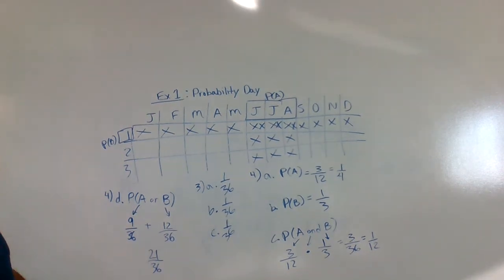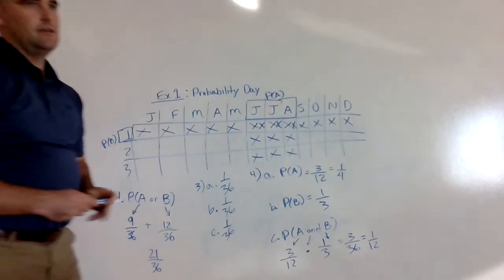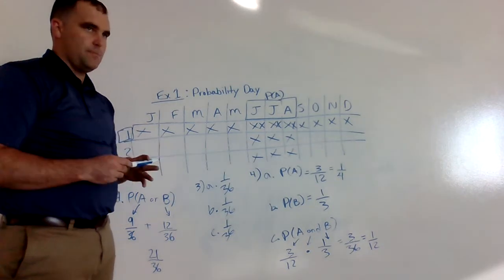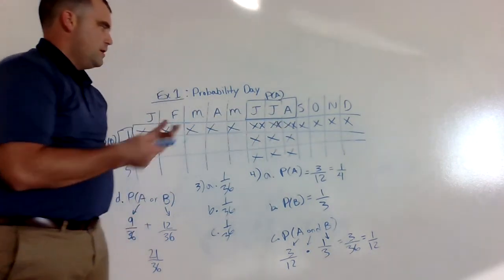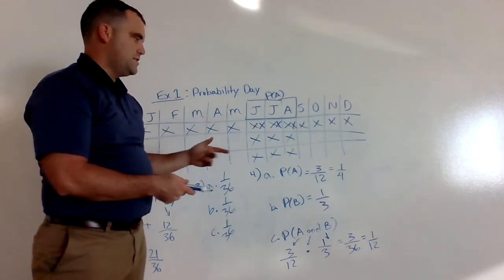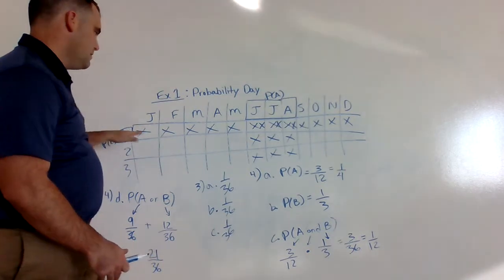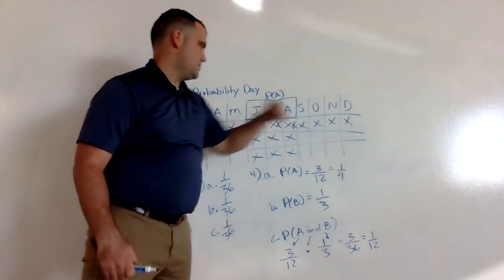But what we did here was we counted these 3 days twice. And the thing with ORs in probability is that what we did here is all correct, but you have to go back and check, what did I count twice? Well, we counted these 3 days twice, right? We talked about the summer months and we talked about the first day of the month.